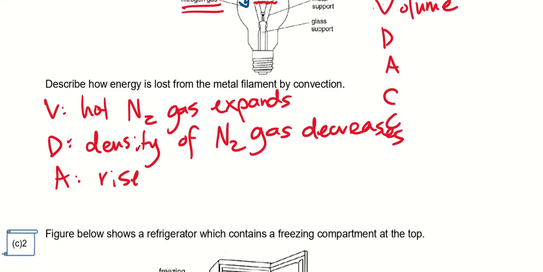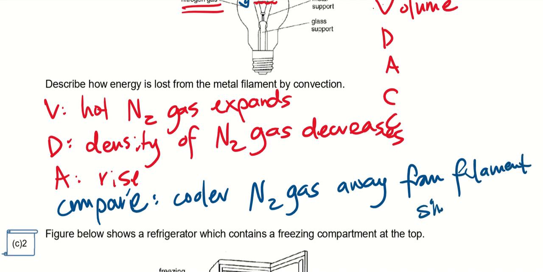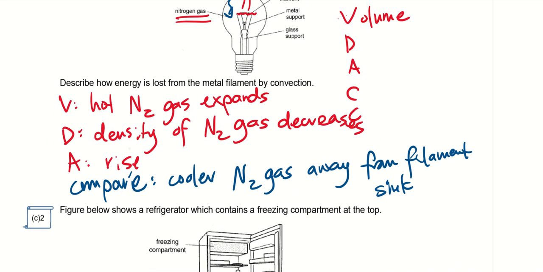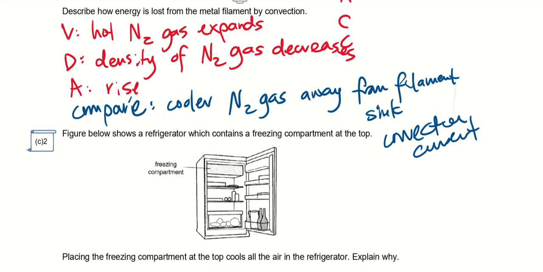So we do our comparison. We talk about the cooler nitrogen gas away from the heat source will then sink, away from the filament, to take the place of the rising hot nitrogen gas. Then this sets up a convection current. Okay, so it's always using this template VDACC.